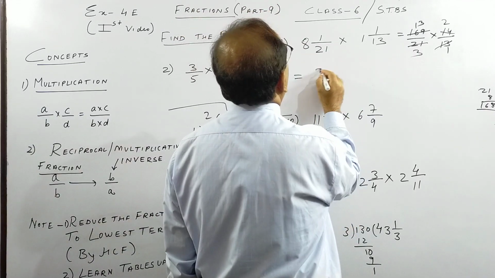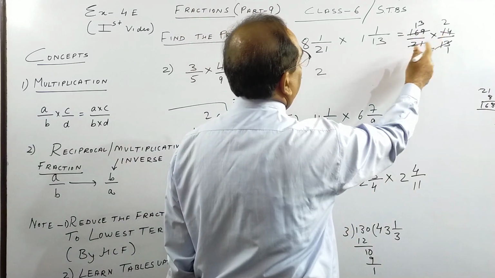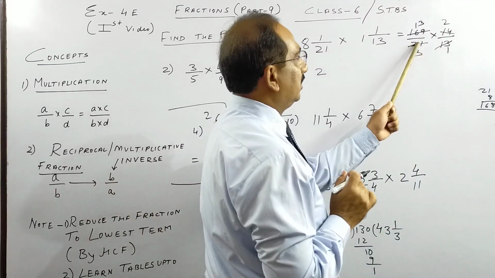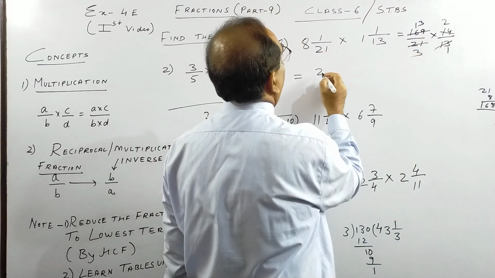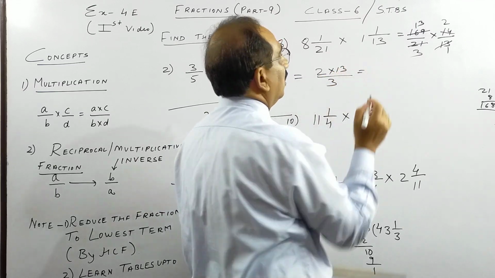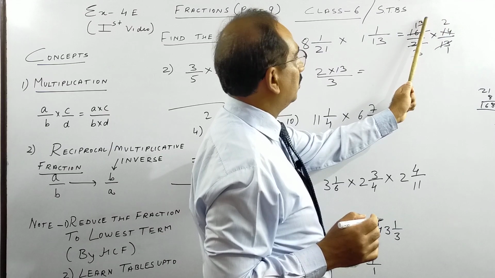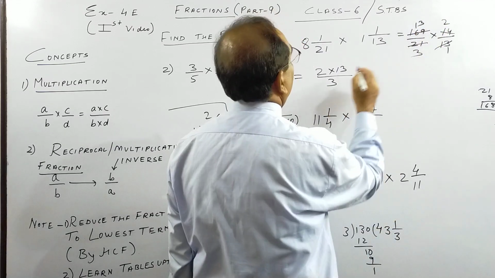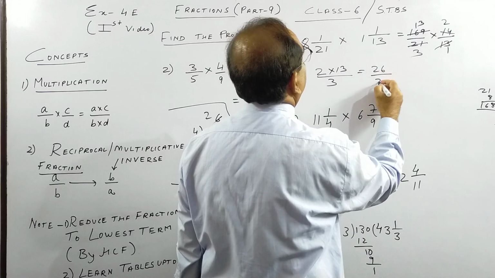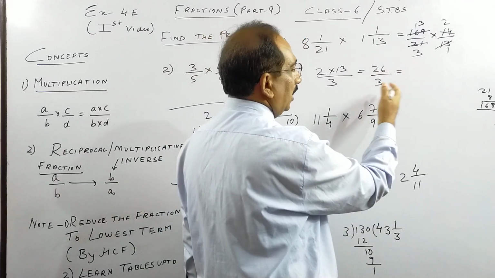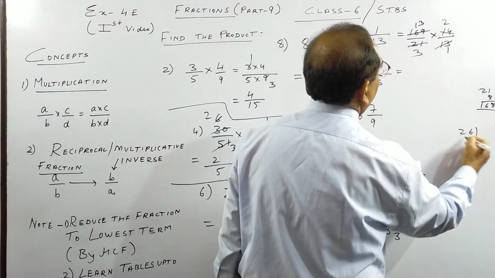So 21 and 14 go in table of 7. What we are left with is 2 into 13 in the numerator, 3 in the denominator. We have 26 by 3. If you convert it, you can do it by this method also.